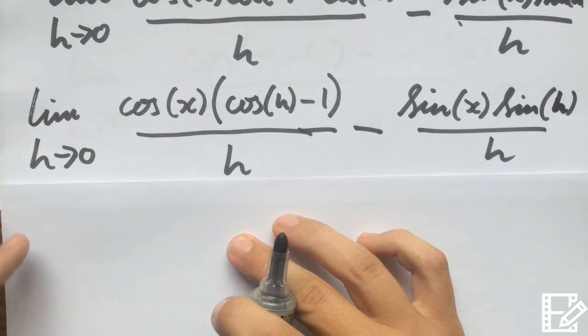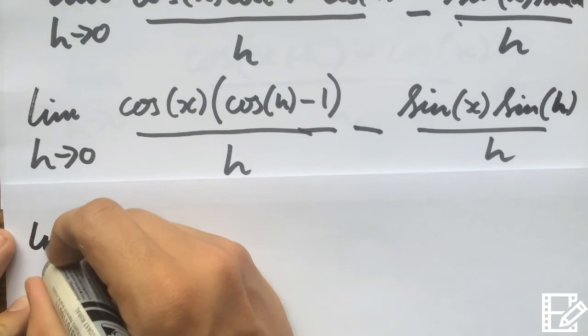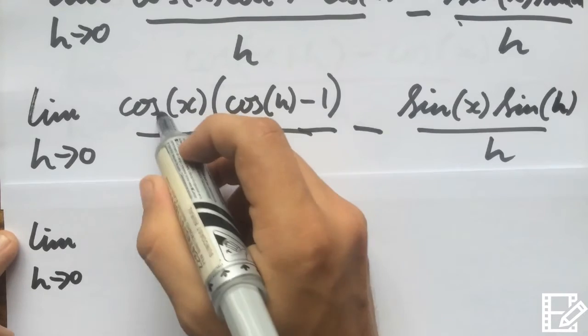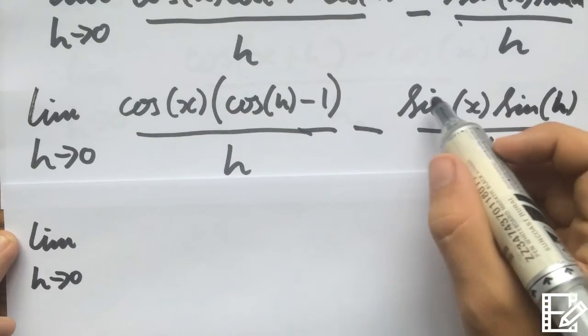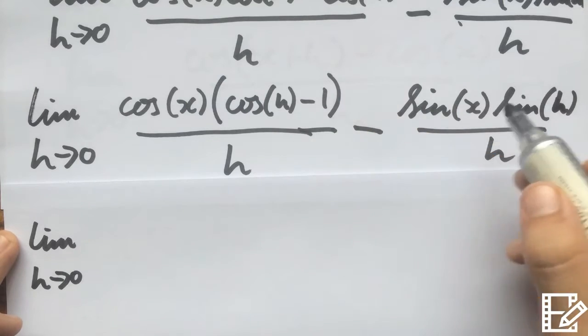So what happens now? What I'm going to do is pull away this cos x from this fraction, and pull away the sin x from this fraction, leaving everything with an h grouped together.